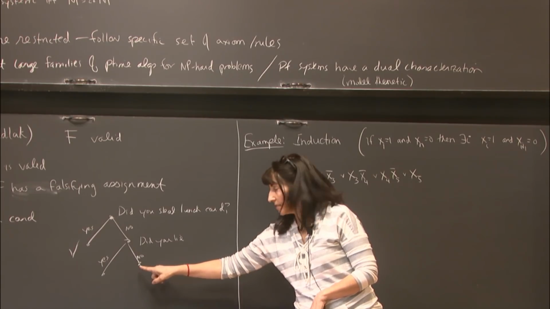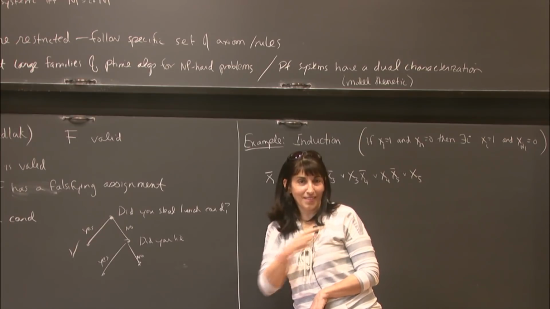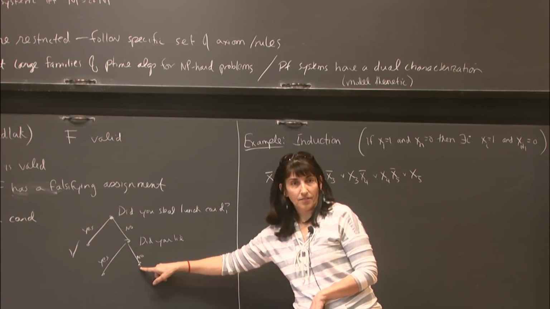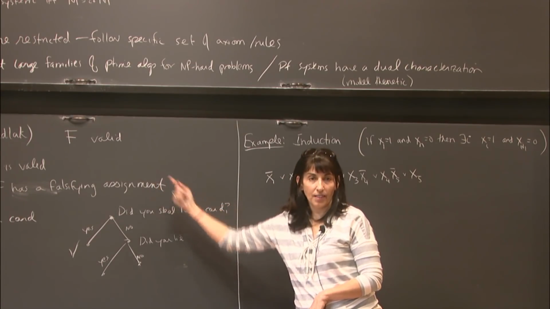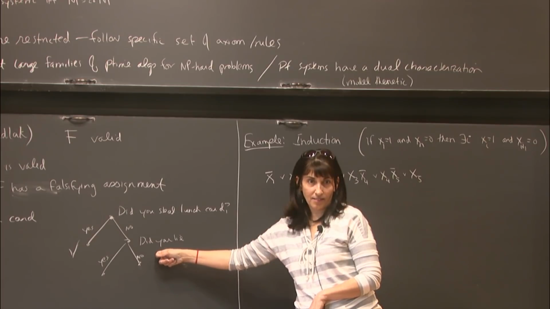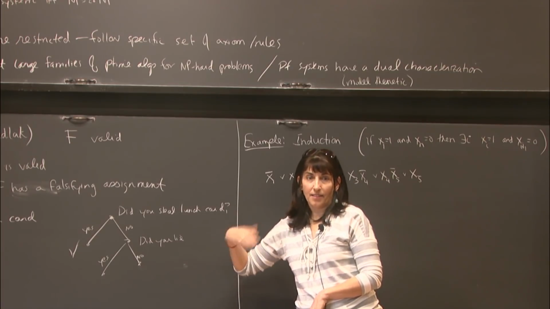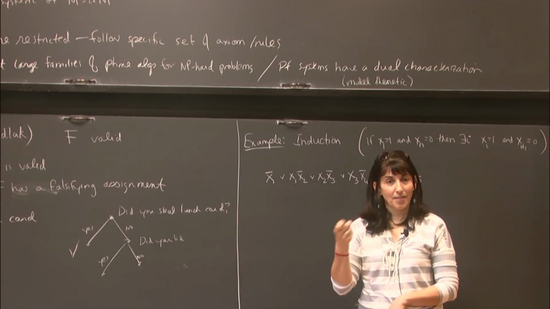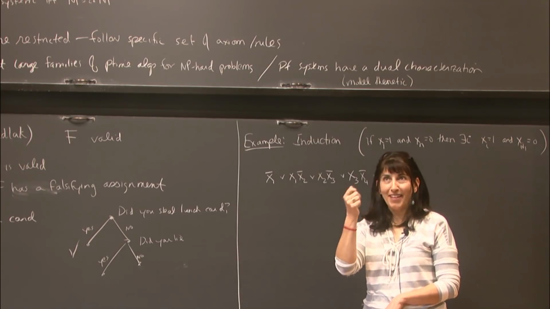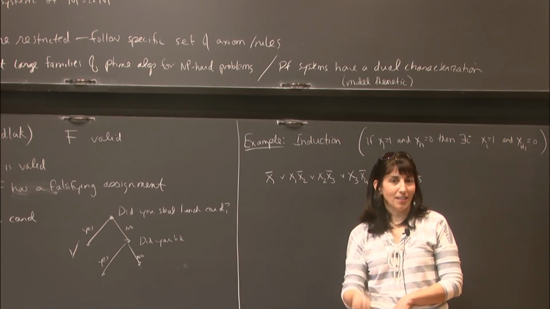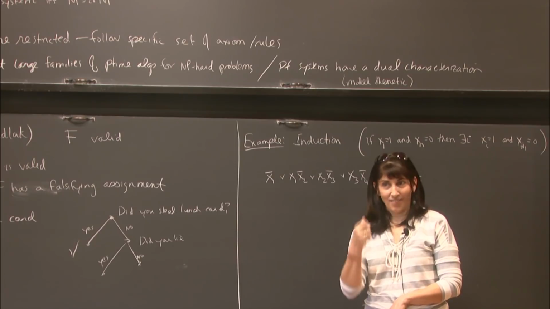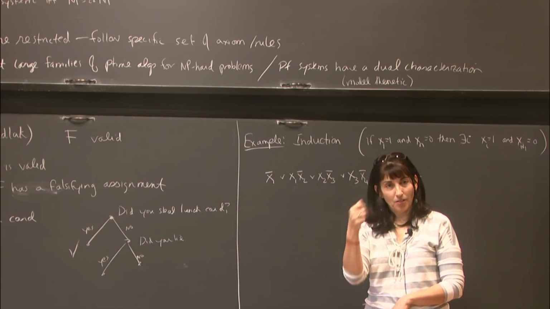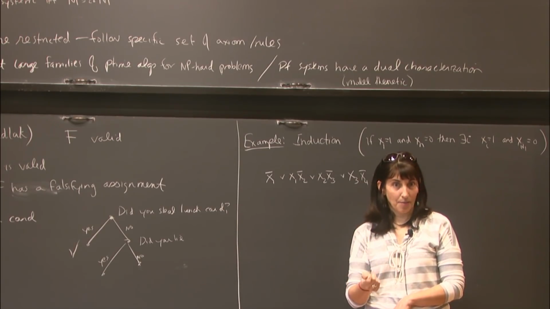So a formula is valid if and only if such a thing exists. If it's not valid, then there's a falsifying assignment, and then the defendant will just be honest and follow the path that's consistent with the falsifying assignment.